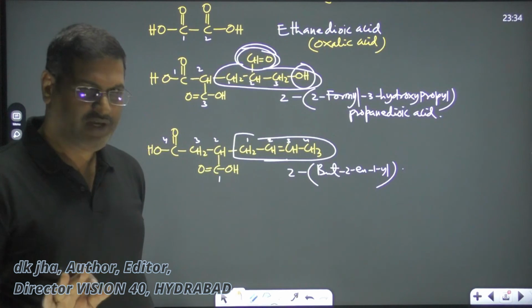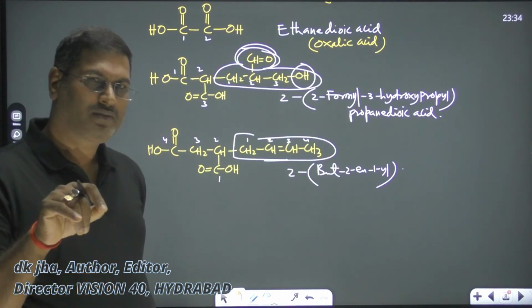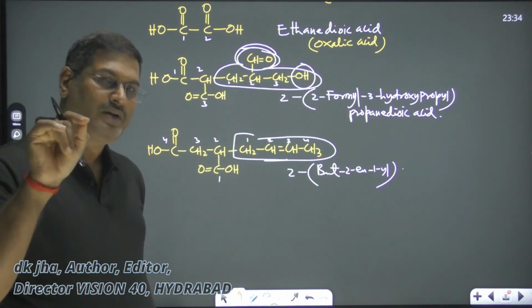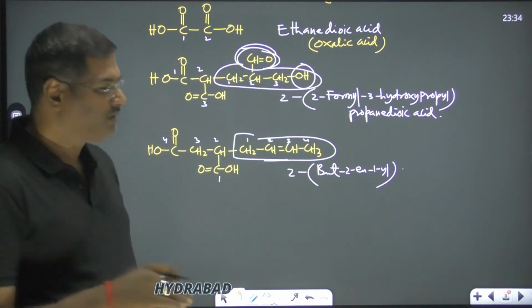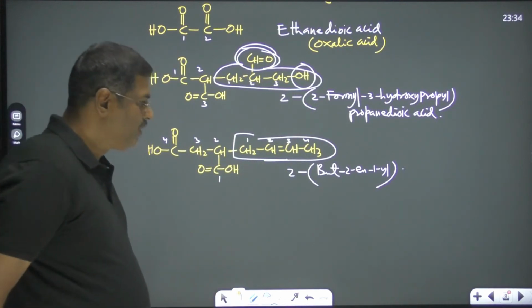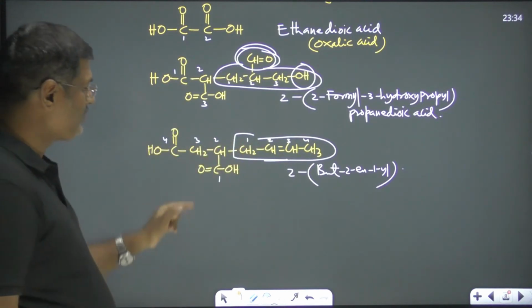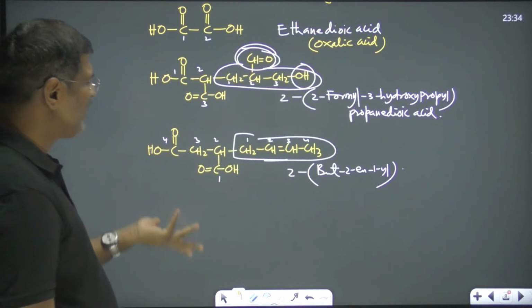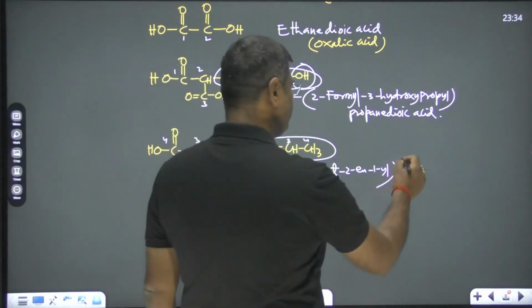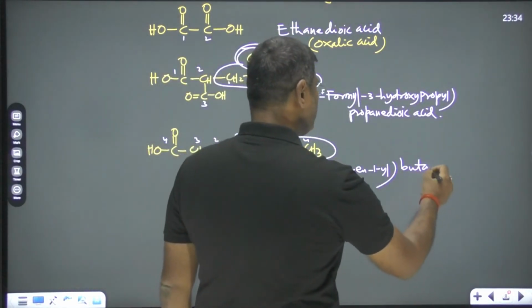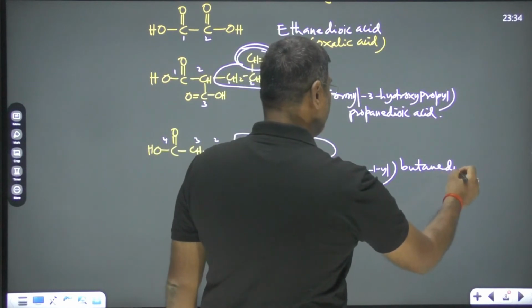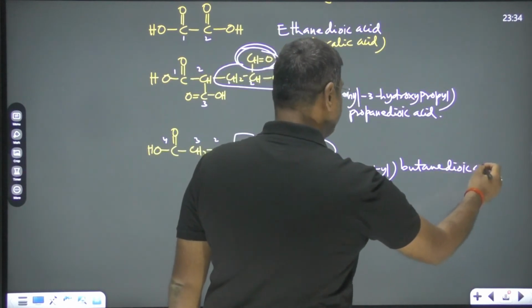Although the meaning is there, the yl means free valency will be on the first one, but it needs more clarity. So but-2-yn-1-yl is the name of this one, and this one is butanedioic acid, right? 4 carbon atoms, so this one is butanedioic acid.